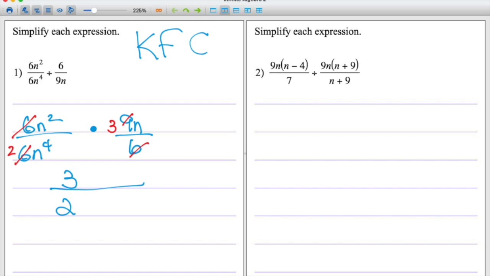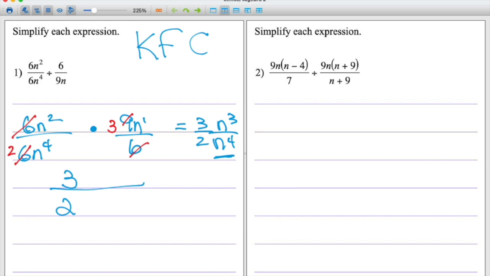But my n's, I have n to the second power and n to the first power, which makes a total of n cubed. For my n's, I'm going to come over here. I'm going to have n to the third over this n to the fourth. And those will reduce. When I do that, I subtract my exponents.